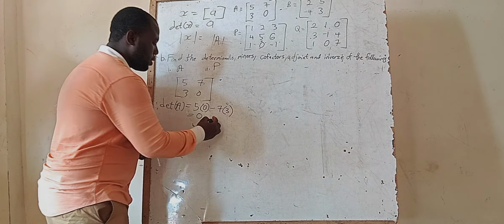So the determinant of A, which is also this, is minus 21. So let's go ahead and find the minor of A.